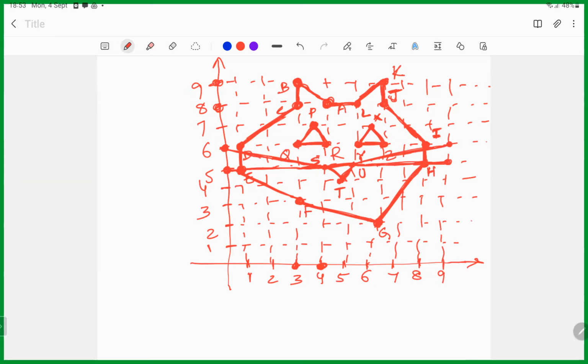What is this picture? Cat, huh? Hari? Did you get this cat? Show me your cat, Hari.